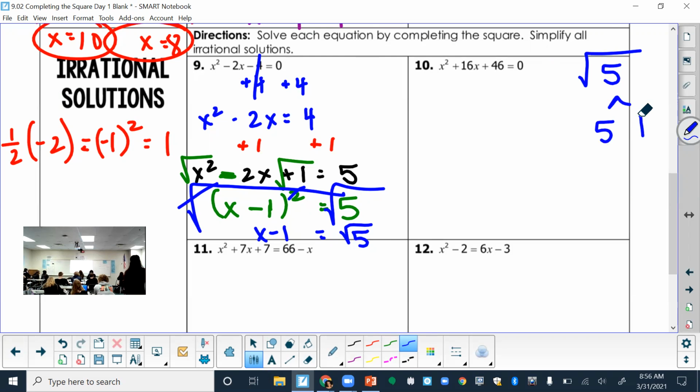And when we make our factor tree, we're looking for pairs of any prime numbers. Do I have any pairs of the same number? I don't. So that means that this radical is as simplified as it can possibly be already. So we're just going to leave it in this symbol. It's going to be plus or minus because there's going to be a positive answer and a negative answer.